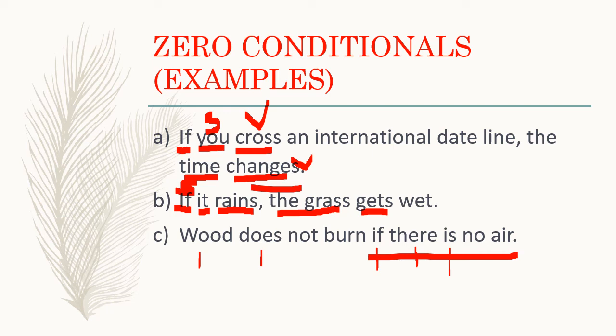Hindi masunog ang kahoy kung wala hangin. Because to start a fire or to cultivate a fire, para magdako pagid ang kalayo or masunog ang isa kabagay kinahanglan nimo hangin. So the three examples again are examples of zero conditionals. And I hope you understand this part of our lesson.